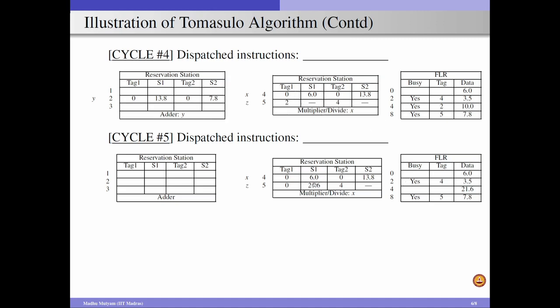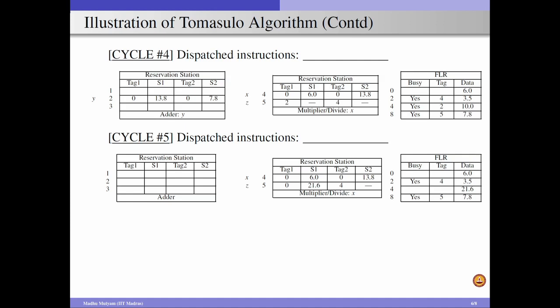So we can clearly see this 21.6 is updated for this field in the 5th entry of the reservation station, and also it will be updated in the register file for register 4. So 21.6 is updated here. Apart from that, there are no other operations performed here.